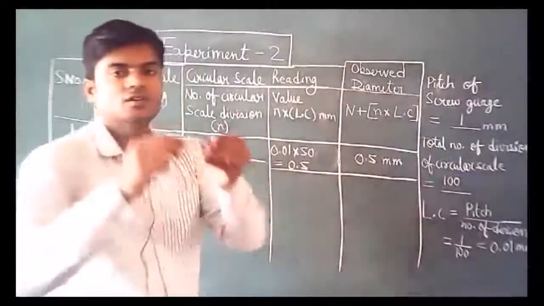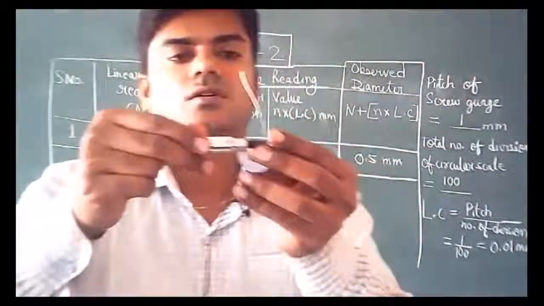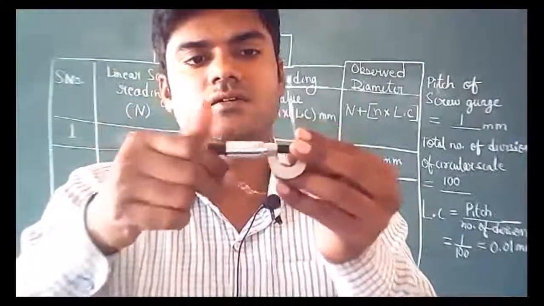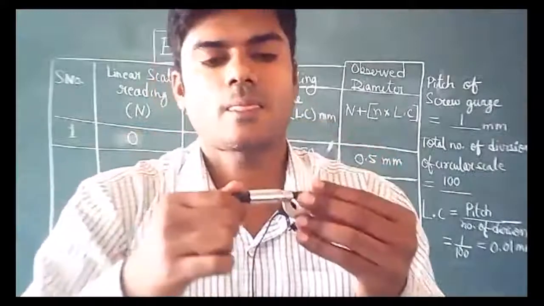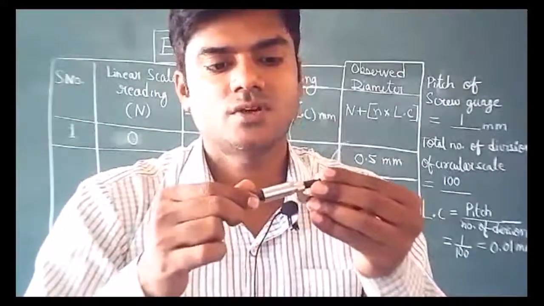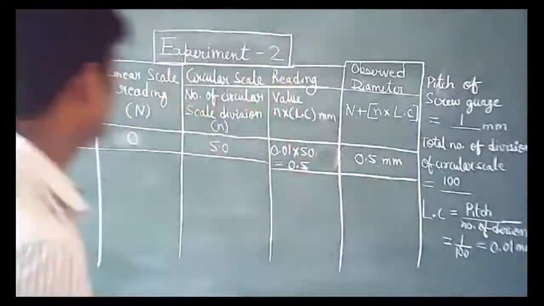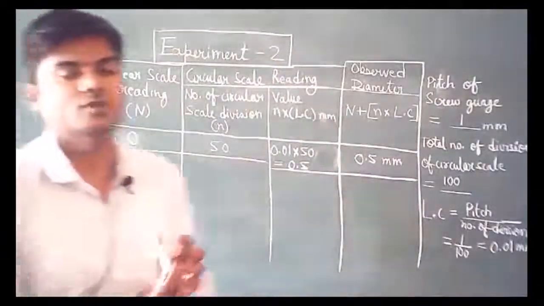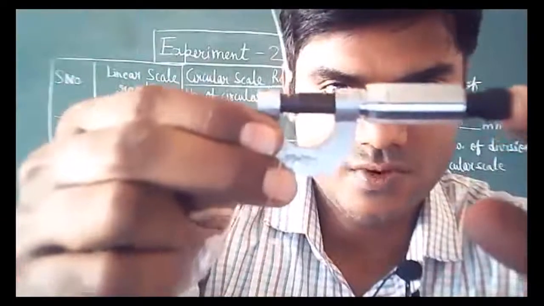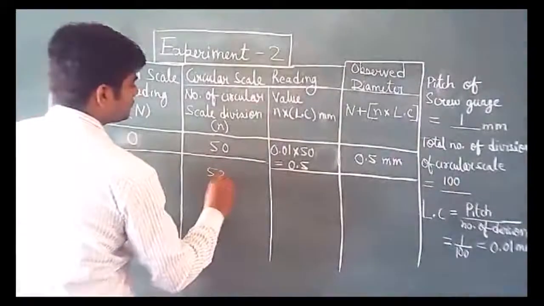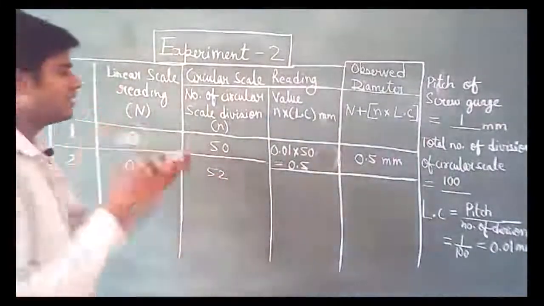Now we will move this to the next place, and we will see the reading again. It is coming a little different, which is not much different. 52. So again, linear scale reading is 0, and circular scale division is 52.